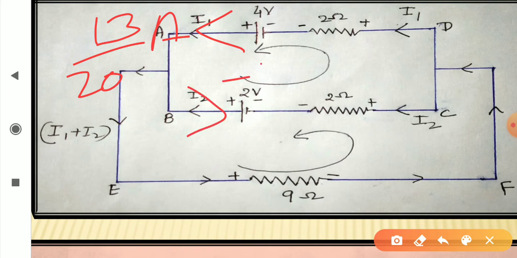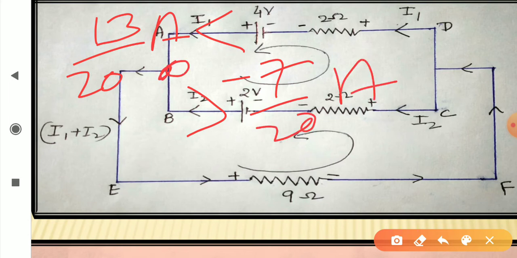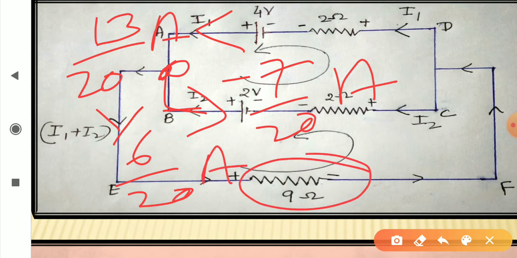So minus 7 upon 20 ampere. And at this point, one part goes to this arm, one part goes to this arm. The remaining part will be this one, that is 6 upon 20 ampere passing through this one. This is the actual path of the currents followed in this circuit.